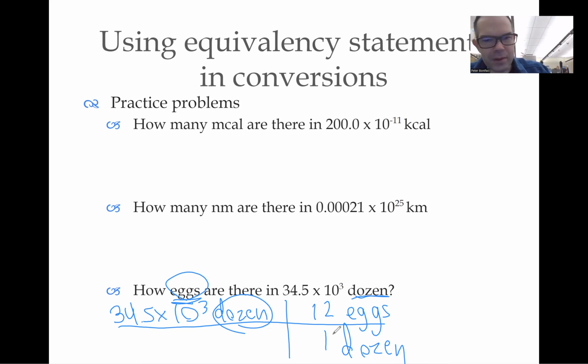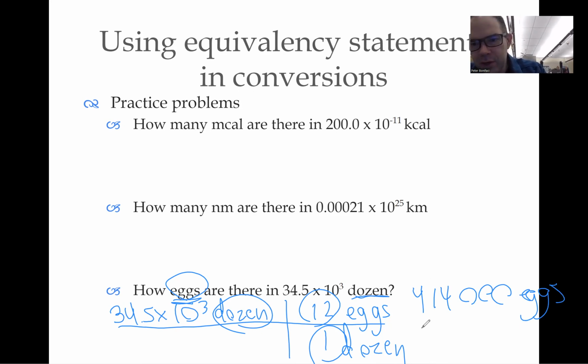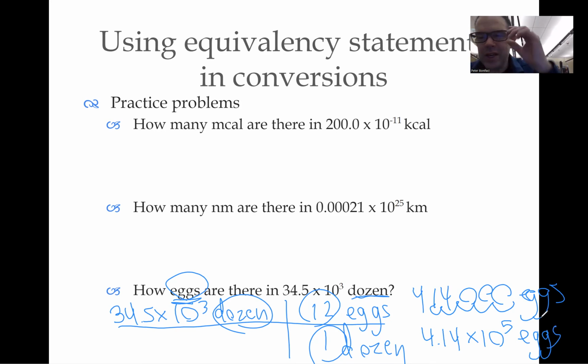Because you multiply by the top, divide by the bottom. And the number I'm getting is 414,000. Okay. Now, really quickly, you need to put eggs there. If you want extra credit, you need to have 3 sig figs. So that's 4.14, and then you move it 1, 2, 3, 4, 5, times 10 to the 5. Okay. So that would be the extra credit level.